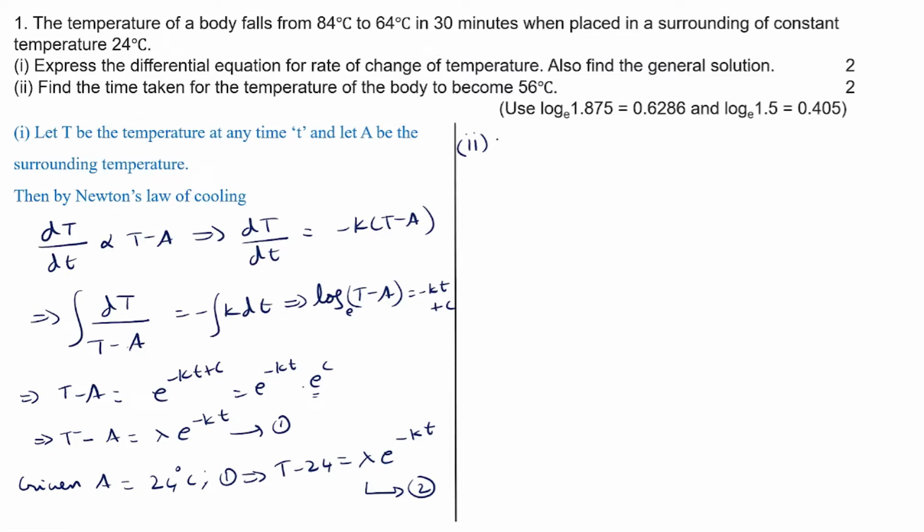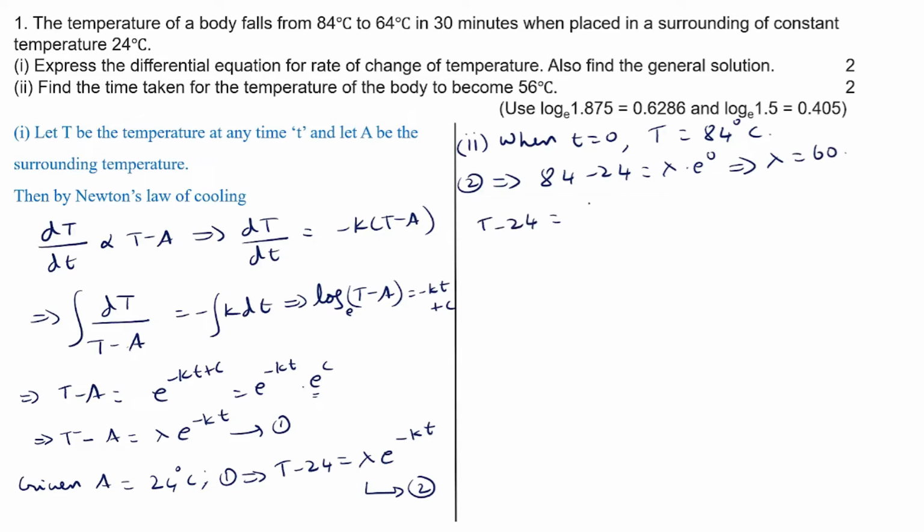It means when t equal to 0, the temperature is 84 degrees Celsius. So from 2 we have 84 minus 24 equal to lambda into e raised to 0, or from this we get lambda is equal to 60. So we have T minus 24 is equal to 60 into e raised to minus kt. Let us take this as 3.